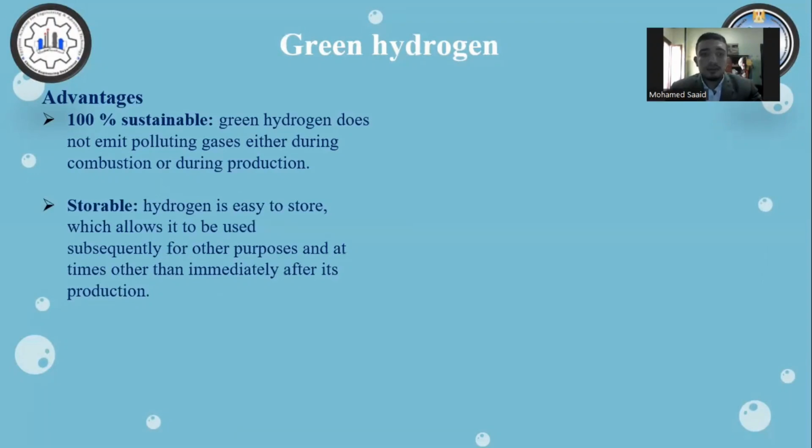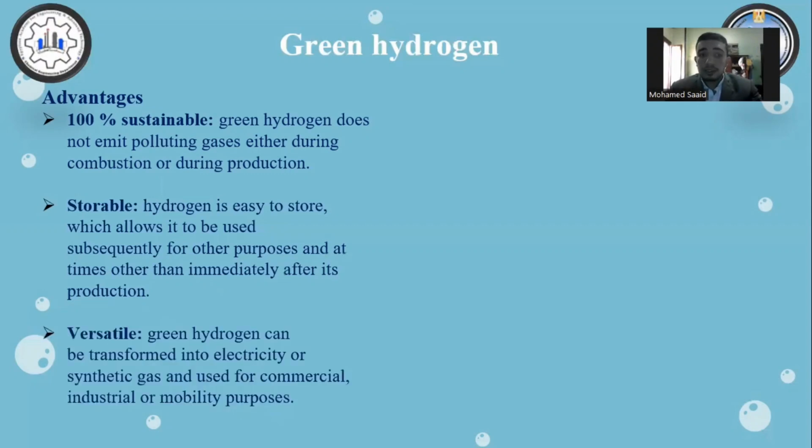Hydrogen is easy to store, which allows it to be used subsequently for other purposes and at times other than immediately after its production. It's versatile. Green hydrogen can be transformed into electricity or syngas and used for commercial, industrial, or mobility processes.